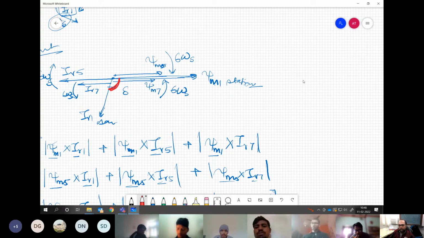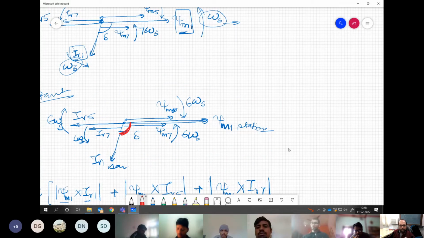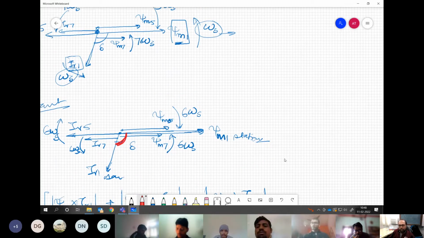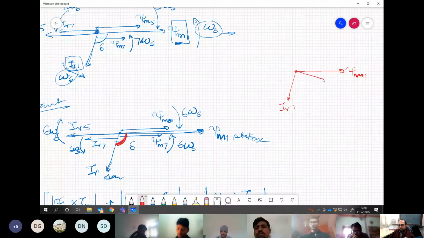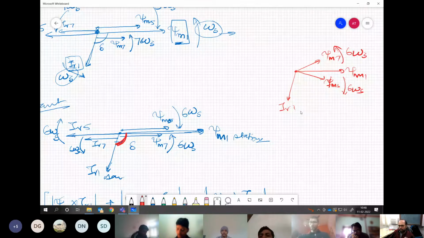So that's why I am saying let us draw one more instant of these quantities. So how this will look like, I will quickly draw this. You will have psi m1 still at the same position, IR1 is still at the same position, but psi m5 should have moved here because it is going in the clockwise direction with 6 omega s, and psi m7 would have moved in this position because it is going in counterclockwise direction at 6 omega s, right?